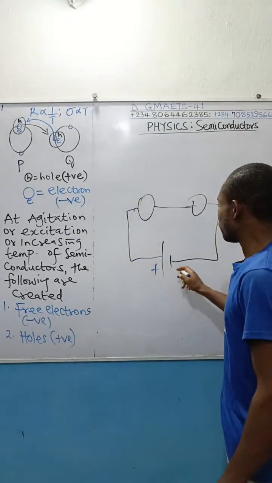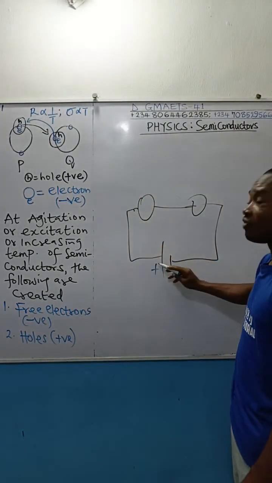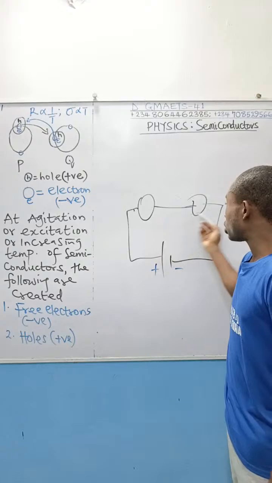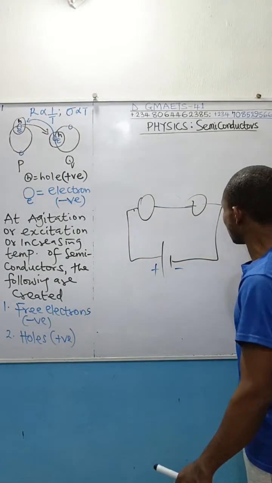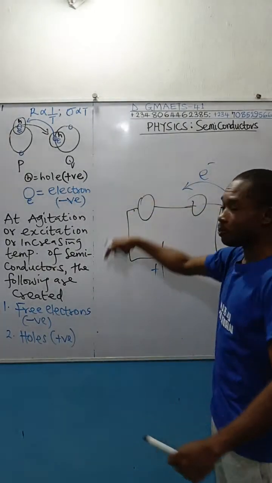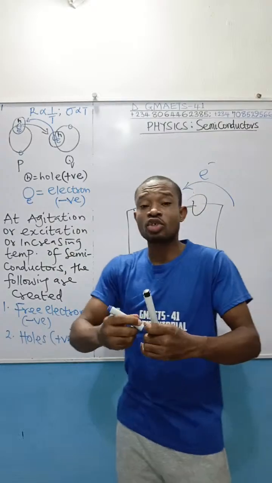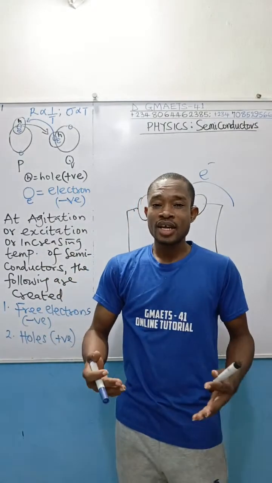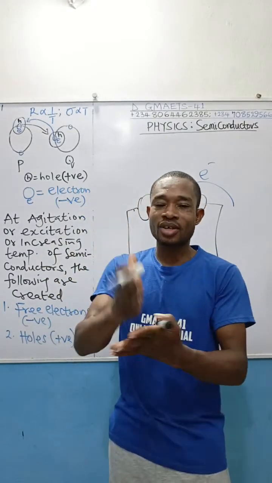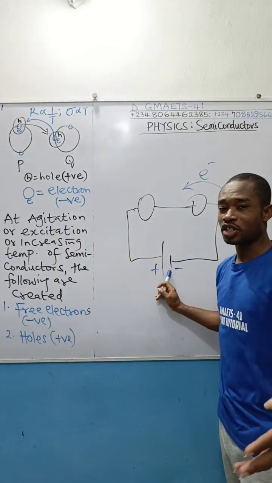Here is positive, here is negative. Electrons will start moving towards the positive, from the negative to the positive. That is to say, the direction of movement of the electron will no longer be random. Rather, it will be given a particular direction as a result of connecting it to a given potential difference.